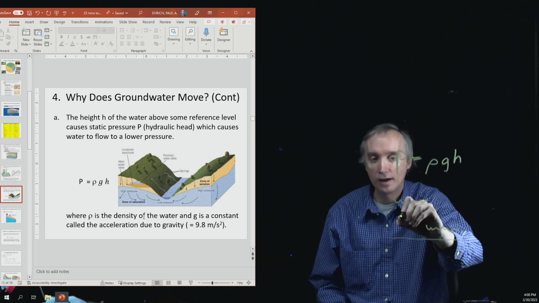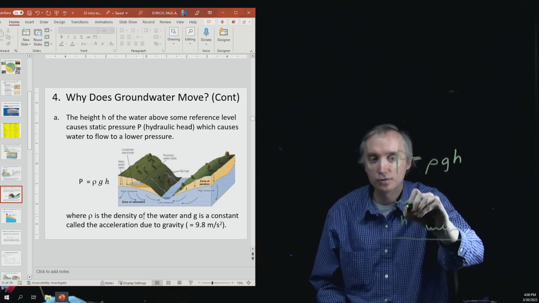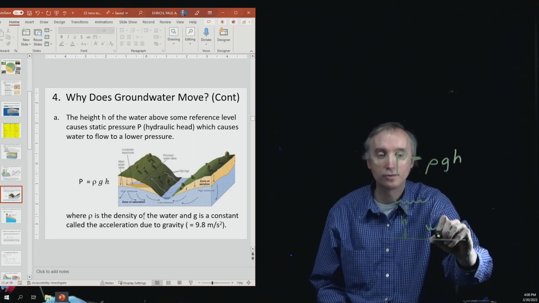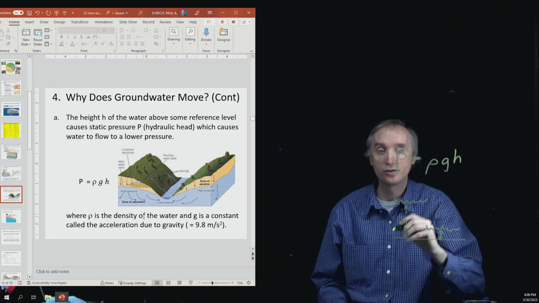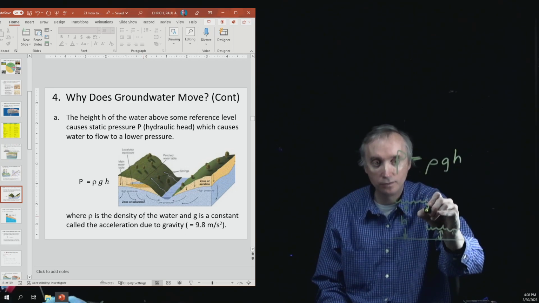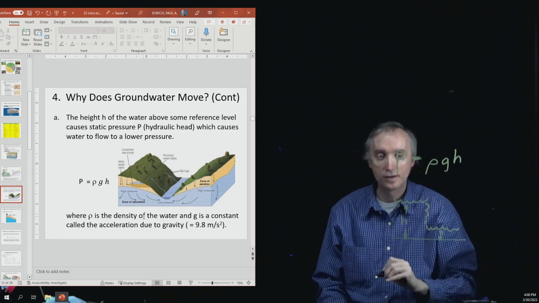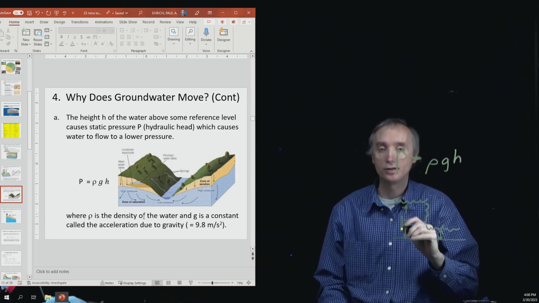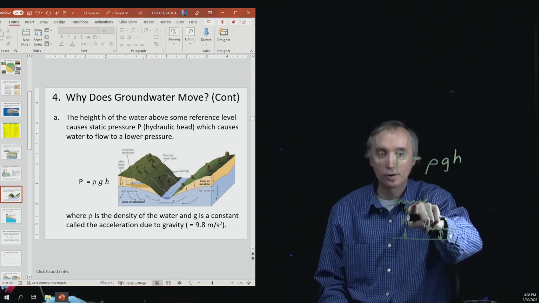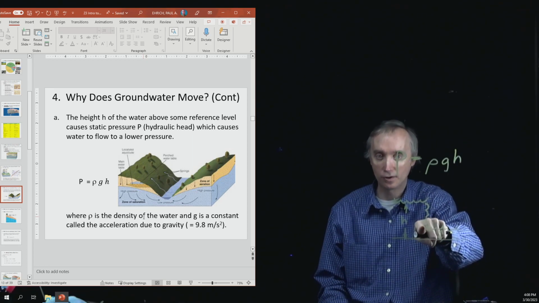So you're going to have a certain height h from sea level to where that water is located, and then a certain height up to this one here. The change in height, which is this thing right here, is going to cause a pressure that is going to make this water want to go down to here.